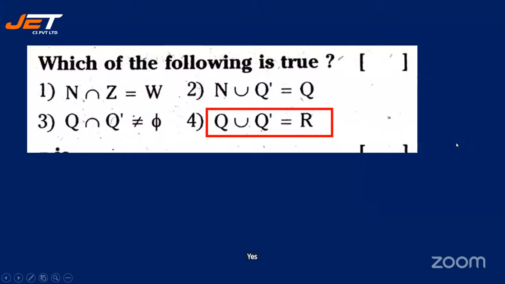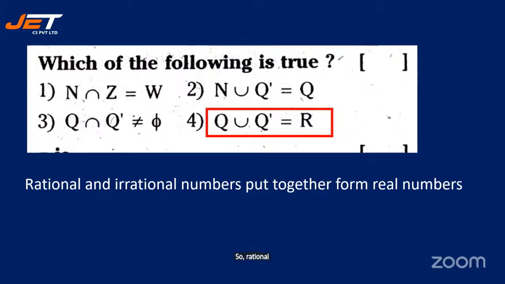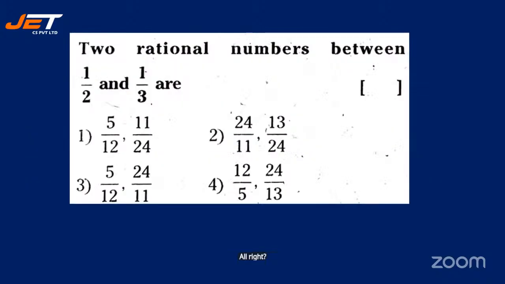So it is Q union Q dash is equal to R. So rational and irrational numbers put together form the real numbers. All right? Yes. Two rational numbers between 1 by 2 and 1 by 3 are dash. Two rational numbers between 1 by 2 and 1 by 3.